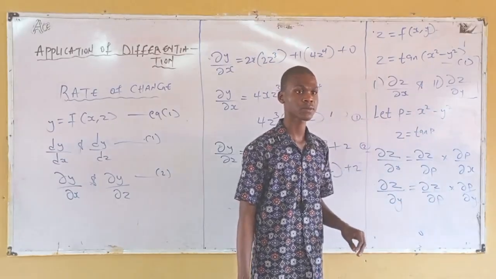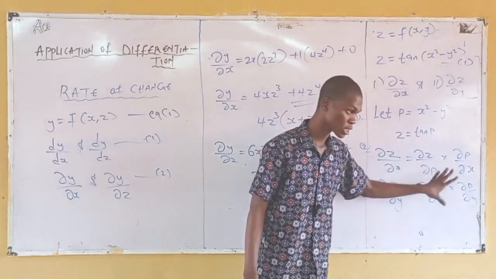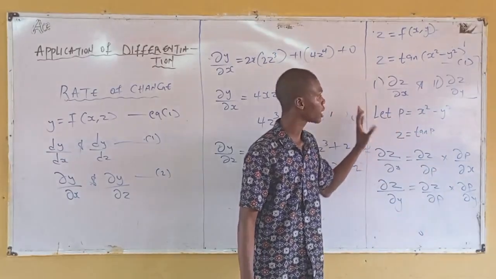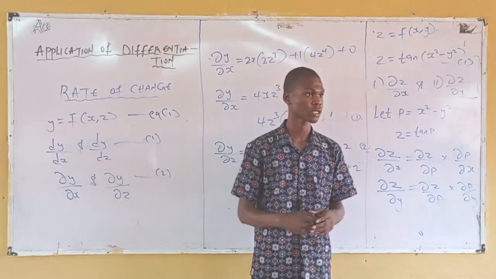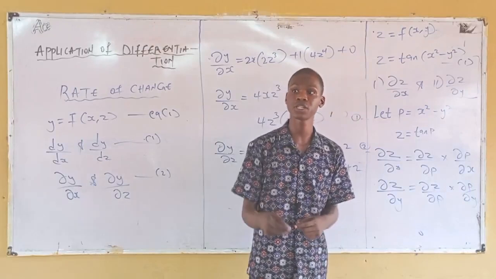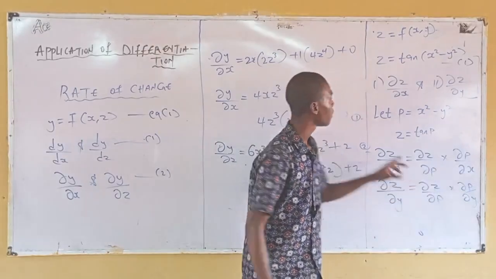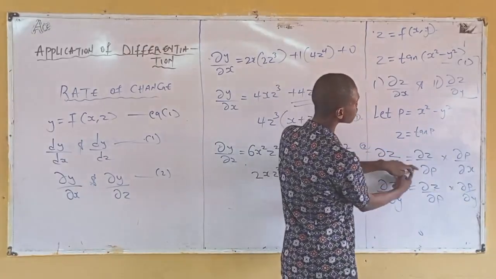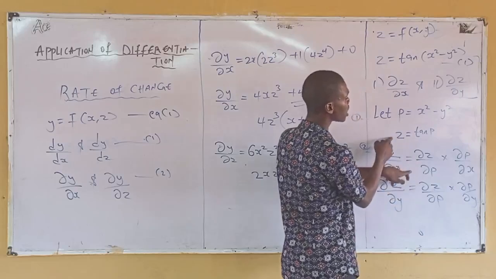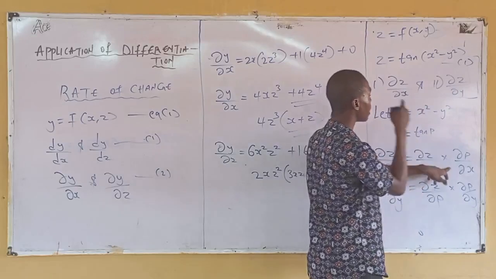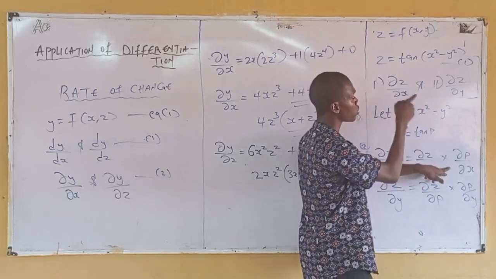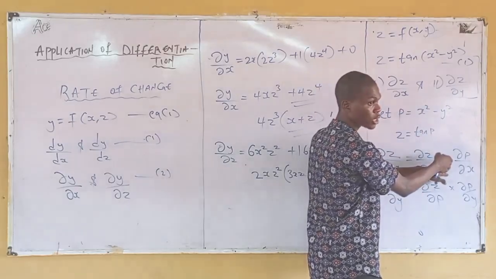These are the unknowns that we need. With these two, can I get these unknowns? Yes. How? By the time you differentiate. By the time you differentiate z with respect to P, you get the value. For this second one, by the time you differentiate P with respect to x, you get the value. Are you getting me?